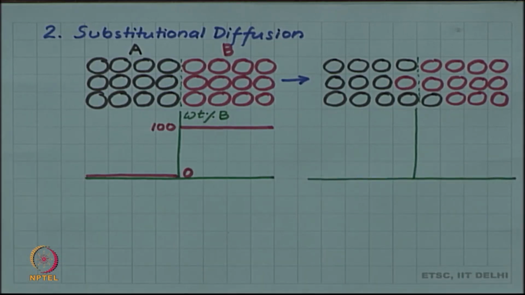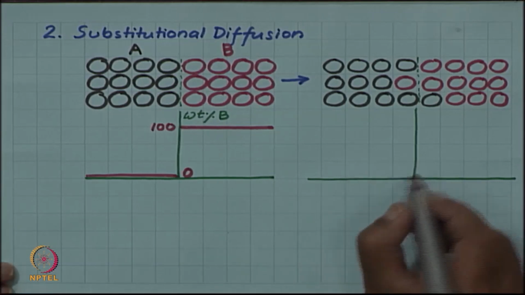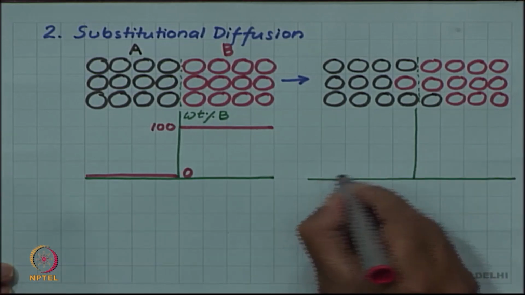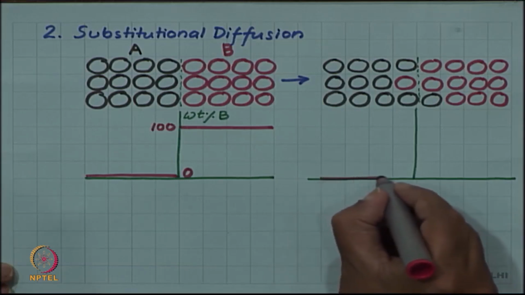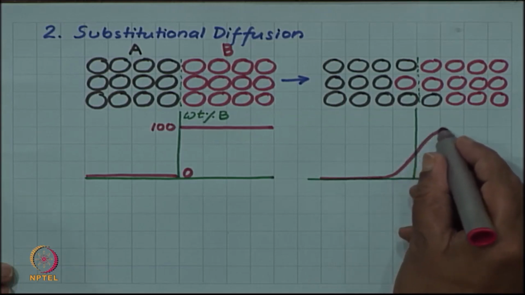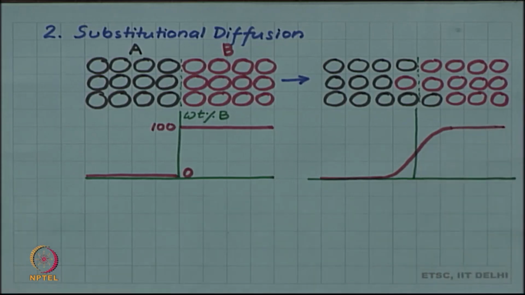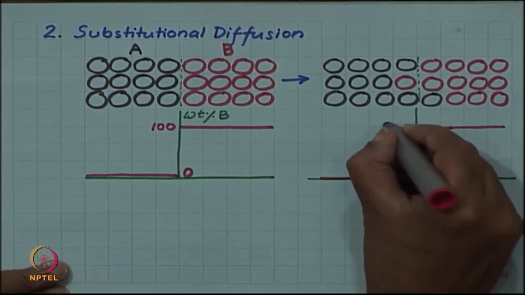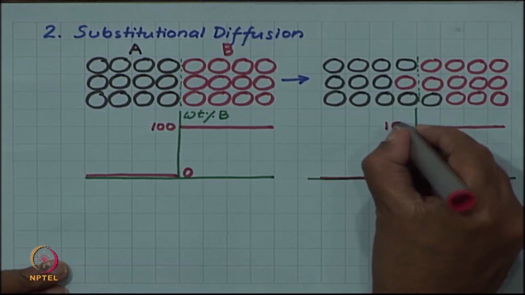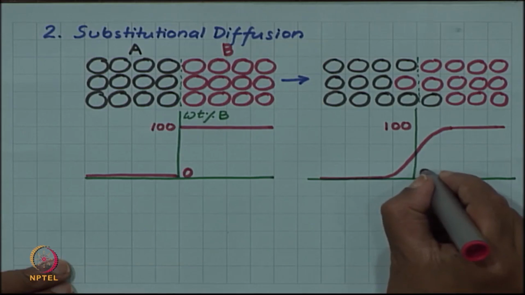So, if one measures the concentration profile after some time, then one will find some B on the A side also. So, you will now have a concentration profile which will evolve something like this, and is governed by the solution of Fick's laws which we have already discussed. We did not take this example, we took the example of carburization, but this example can also be solved using the error function solution which we have considered.